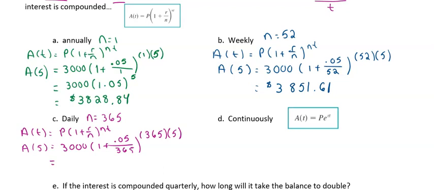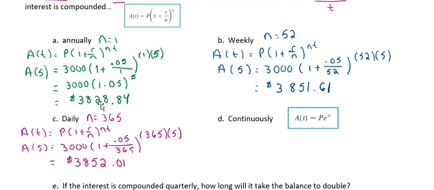Do your 0.05 divided by 365, add the 1, raise it to your power, multiply by 3,000. And when you do all that, you should get 3,852.01.